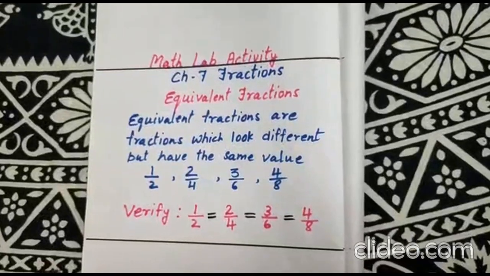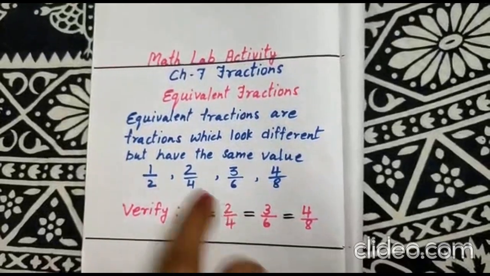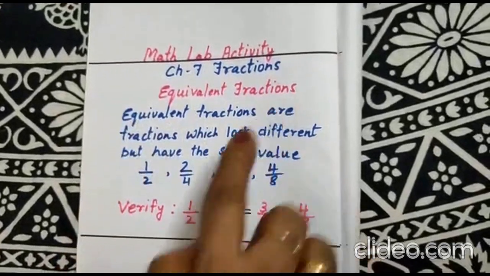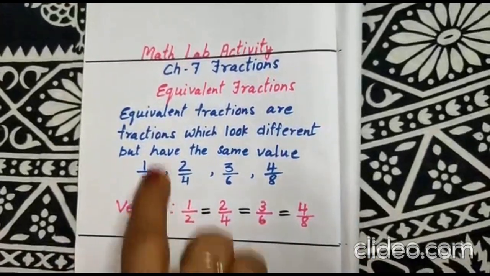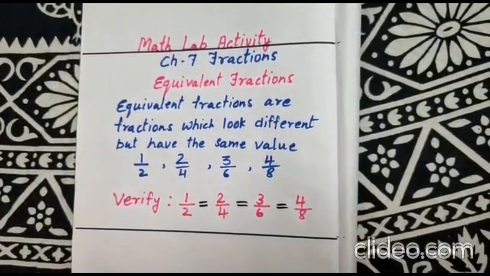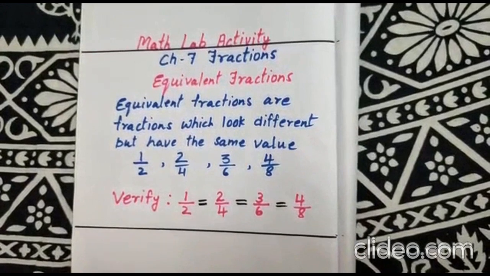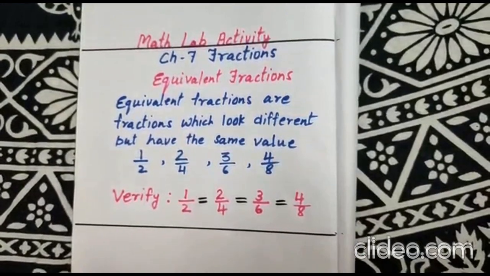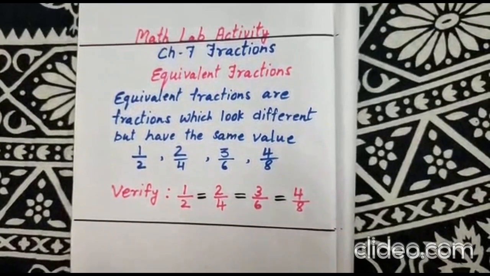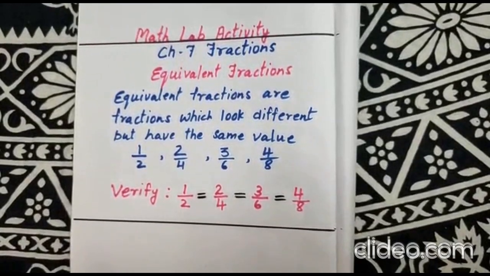Hello students, today we are going to do a MATLAB activity which is based on equivalent fractions, which you have learned in chapter 7, fractions. So what are equivalent fractions? Equivalent fractions are fractions which look different but have the same value. That means they represent same part of the whole.